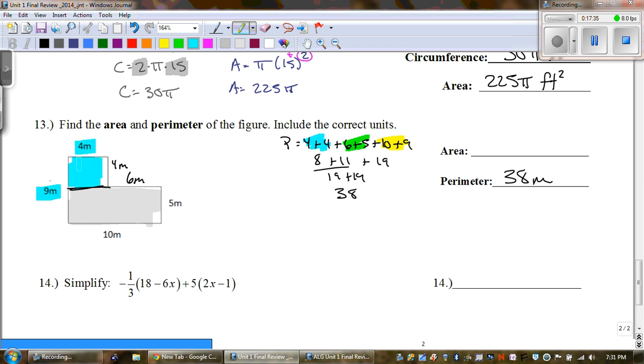Is it 4 and 9? No, because our box is not that long, okay? The numbers we're using are 4 and 4. So area equals the blue box, which is 4 times 4, which is 16, plus the gray box.